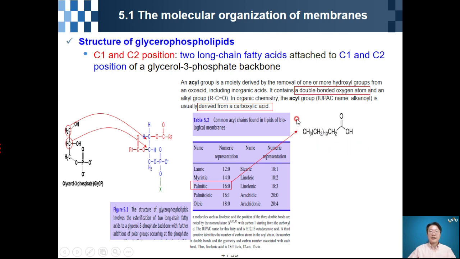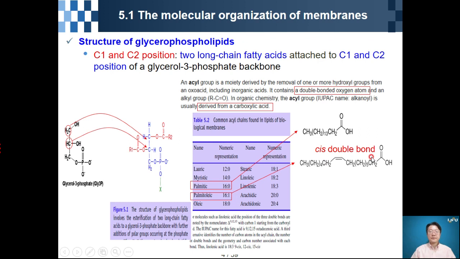In this acyl chain, there is no cis double bond. However, in the case of palmitoleic acid, there is one cis double bond. In this case, the numeric representation will be 16:1, where 1 means that there is one cis double bond.